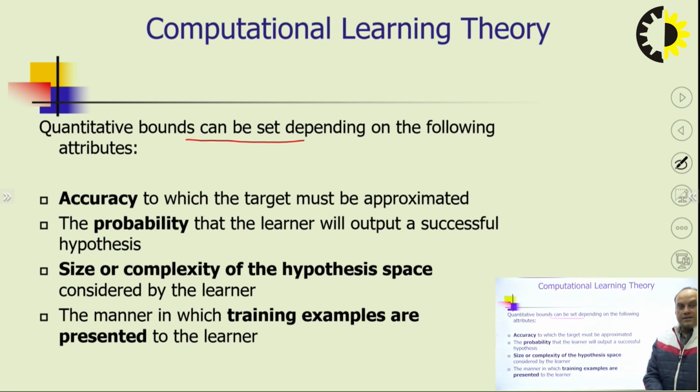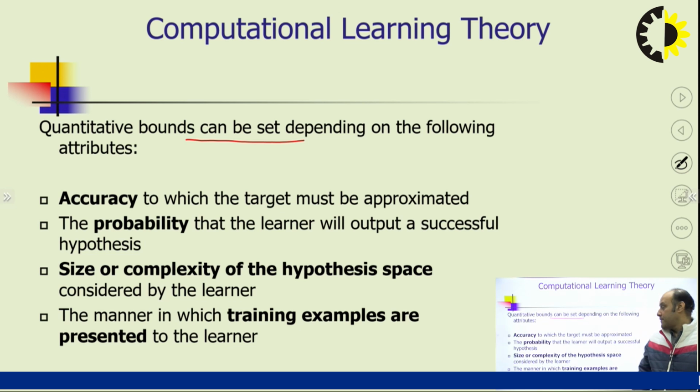First of all, the first attribute is the accuracy to which the target must be approximated, because in each machine learning algorithm, after finding the target function, we use it to approximate the target function, because according to the target function some target output is there, and it is not always possible to get the correct output. There may be some error. So obviously we need to approximate it. We need to implement some type of rule to approximate it. Okay. The second attribute is the probability that the learner will output a successful hypothesis.